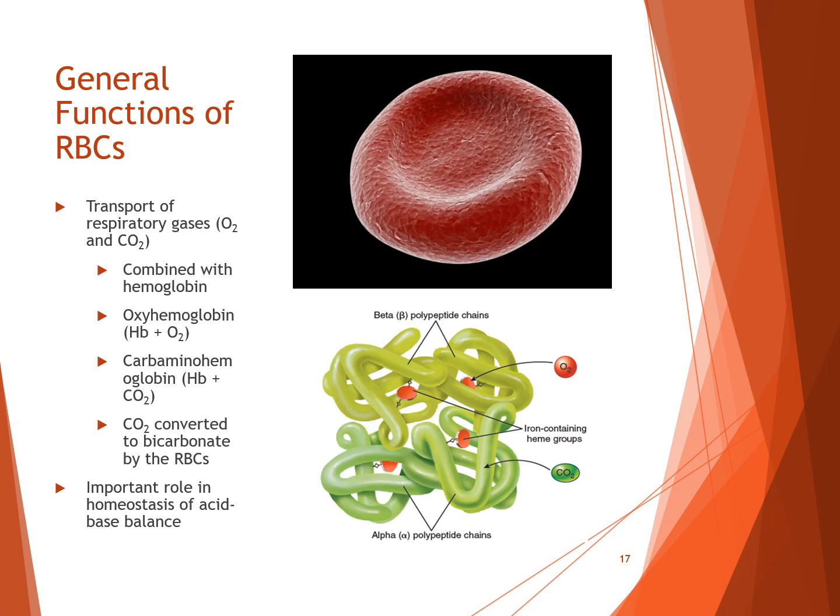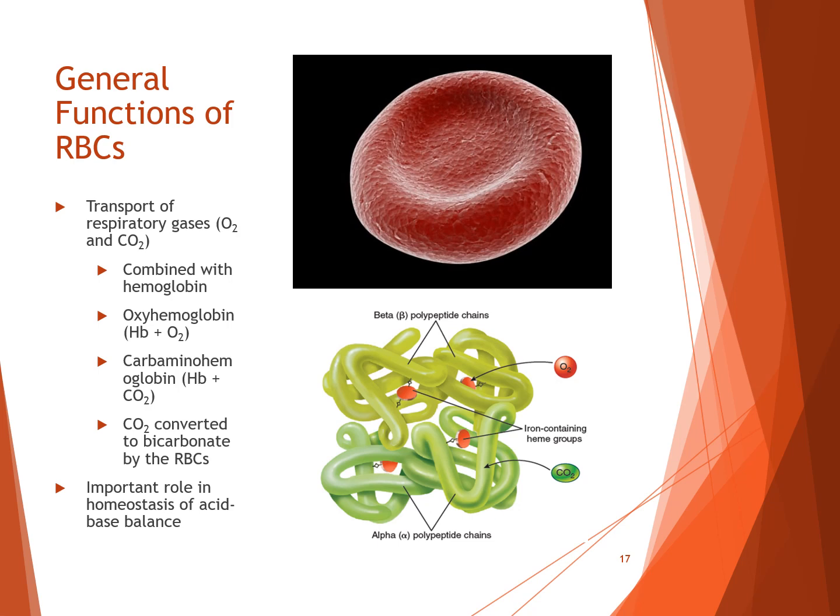And this weird green little twisty thing that you see down below is a hemoglobin molecule. And this hemoglobin molecule is composed of 4 polypeptide chains, 2 beta chains, and 2 alpha chains. And if you see these little red dots that are located on each of those polypeptide chains, these are called heme groups, and these groups contain iron atoms. And this is important.